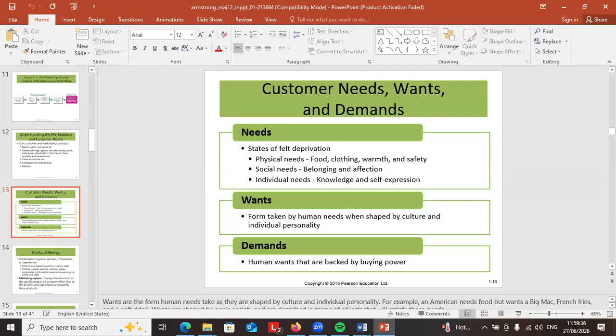Another student may want to have a phone, but based on his individual personality and culture, may go in for, let's say, a second-hand iPhone, a second-hand Android, or a techno phone, right?